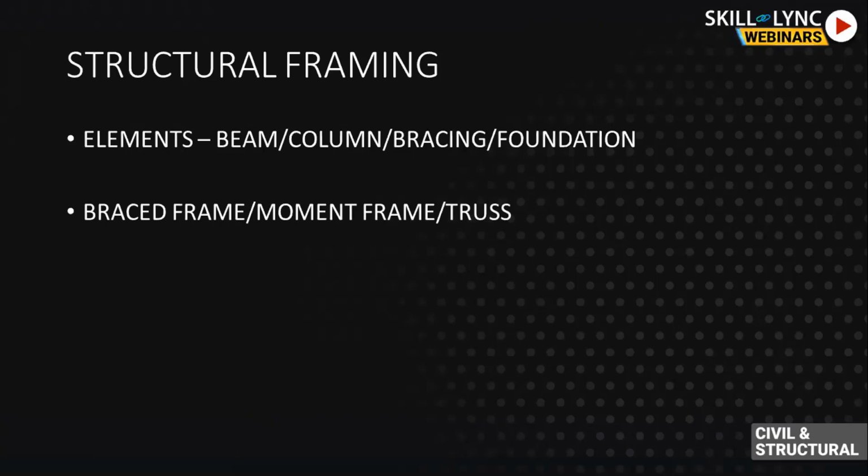Brace frame, moment frame, trusses. So a structural system may consist of a brace frame, a moment frame, or trusses. Also, it can be a combination of all three or any of the three.